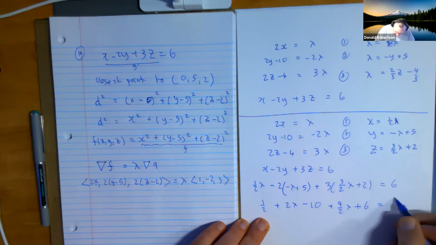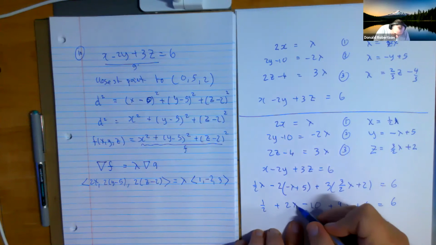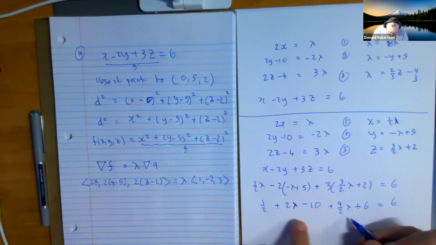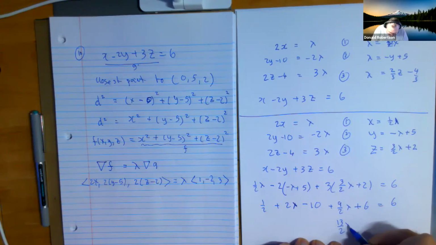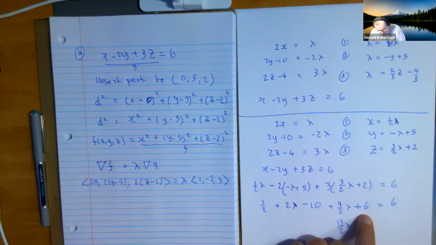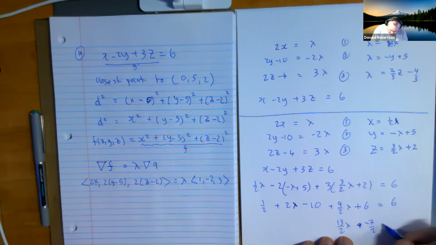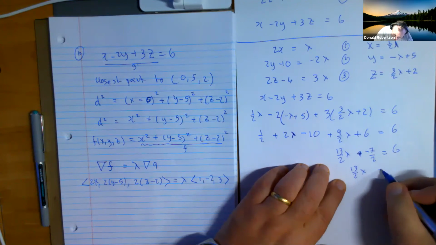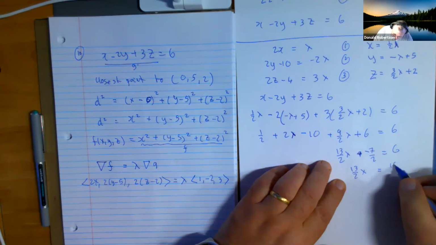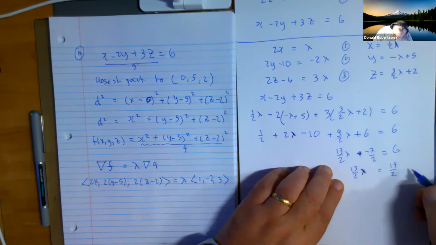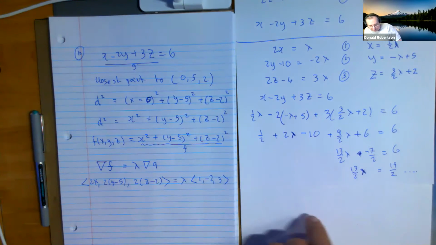And that's 6, and it's equal to 6. I'm beginning to regret going this road. 13/2 lambda. What'd you get? 6.5. That leaves 3.5, so minus 7/2. I am definitely regretting this. Add 7, it's add 12, you get 19/2. And I'm not going any further with that one.